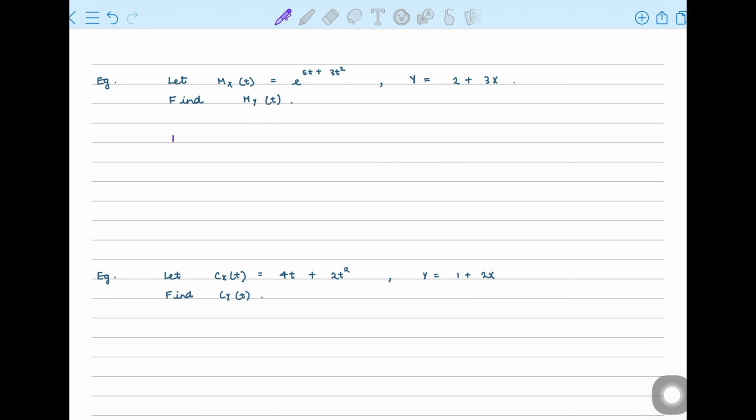The MGF for y is given by e to the power at times M of bt with the subscript x. Substituting the values, we get this.